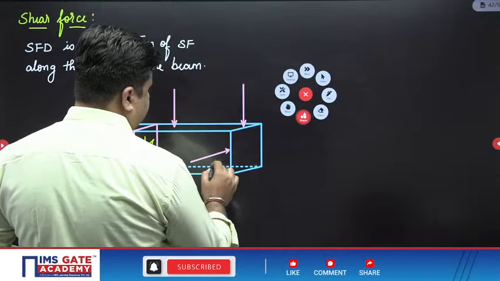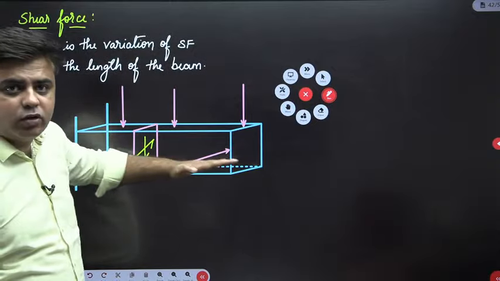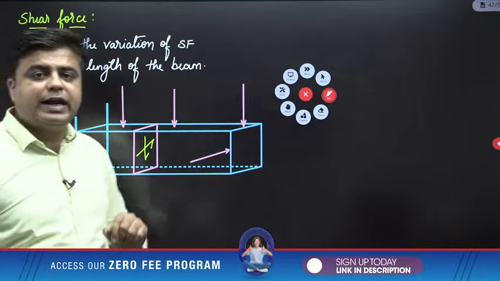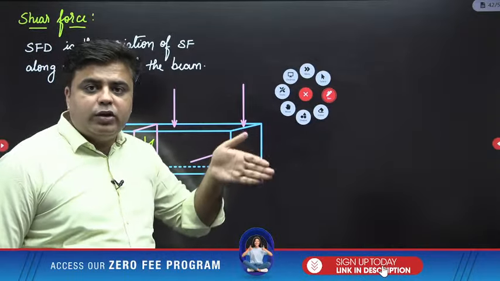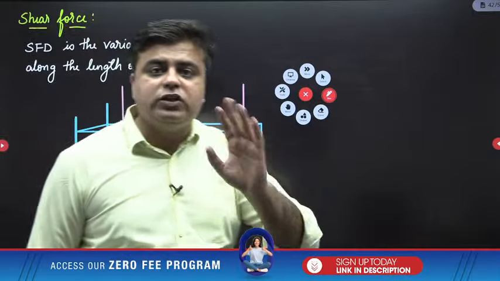So vertical loading will give one shear force diagram, horizontal loading will give another shear force diagram.